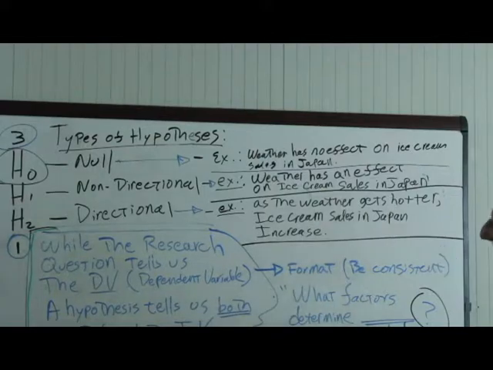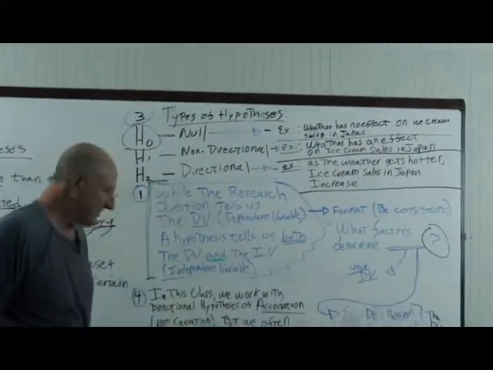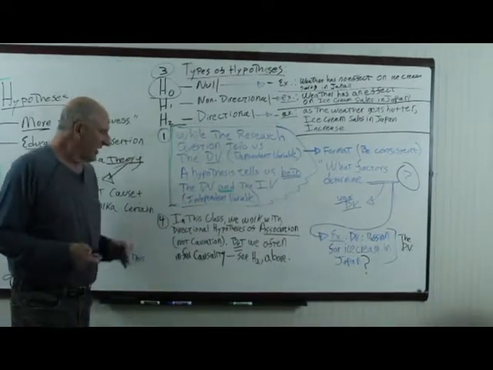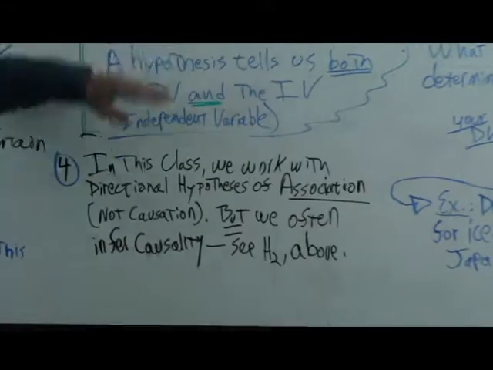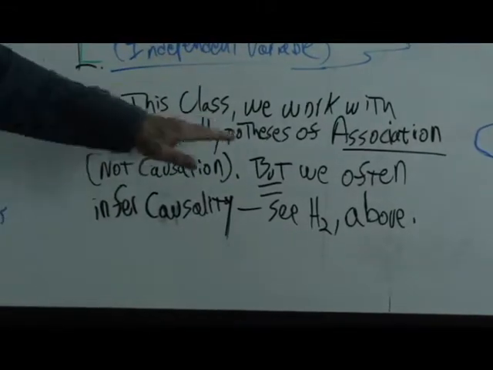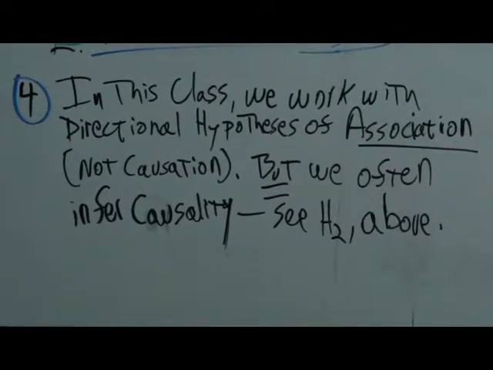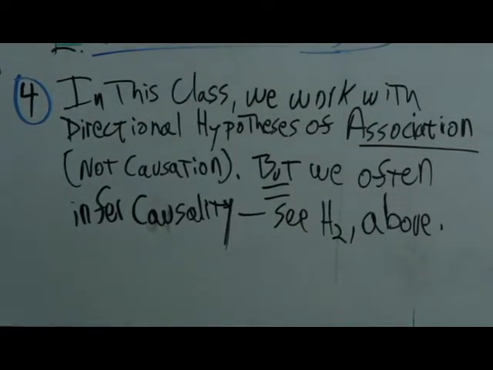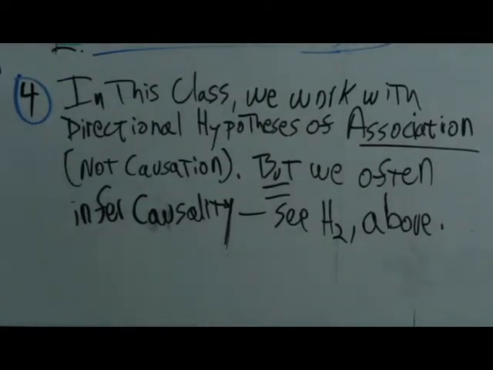Let's jump now to item 4 to wrap this up, to close out this brief video segment. In this class, we're working with directional hypotheses, as I said, directional. These are hypotheses of association, directional hypotheses of association. Big mouthful. What does it mean? We're saying they're hypotheses of association rather than causation or causality.